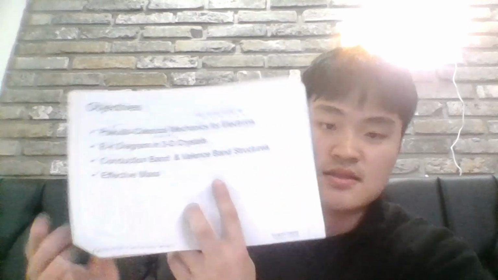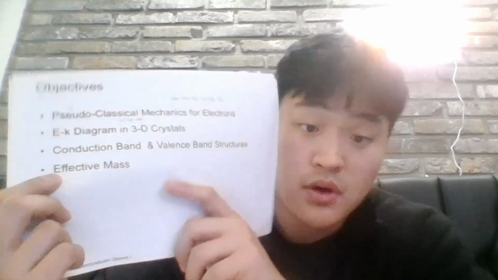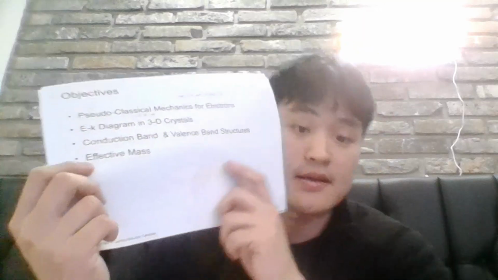So let's go back to the table of contents. There's an important part called effective mass. So we're going to talk about the effective mass right now. Effective mass is a concept that includes every relationship and every force that affects a real electron in the semiconductor, in the material.